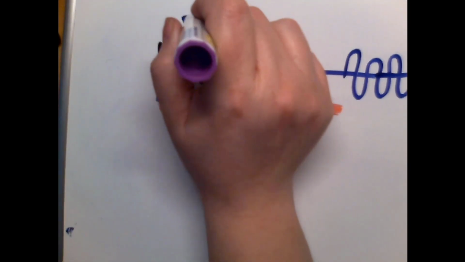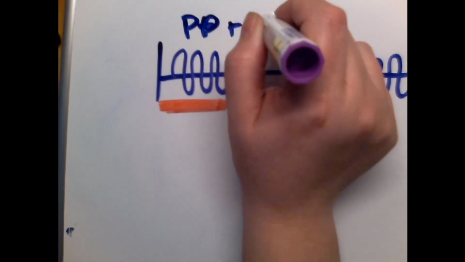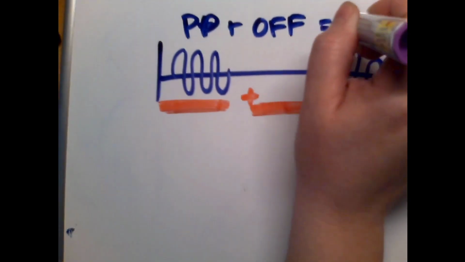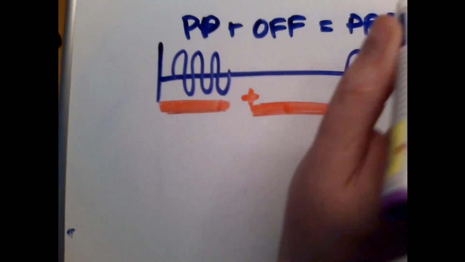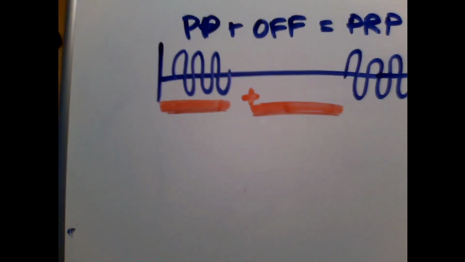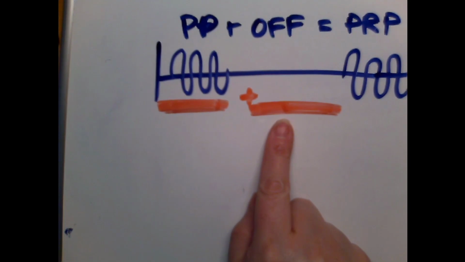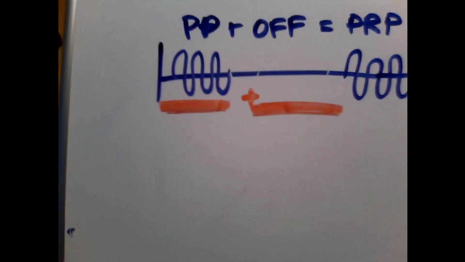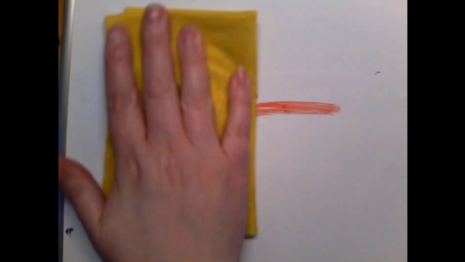So it is pulse duration plus off time equals pulse repetition period. And we've been saying that we can increase this off time or decrease the off time depending on our depth. So I want to show you a couple examples of that.